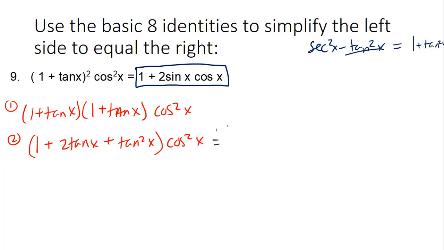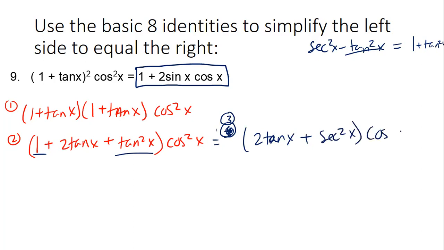So step 3, we're going to use Pythagorean and condense this. All right, so we're combining 1 and tan squared x. That's going to give us 2 tan x plus secant squared x. And now we're down to one less term. Now I think our only option, like Daniel said, is to distribute.